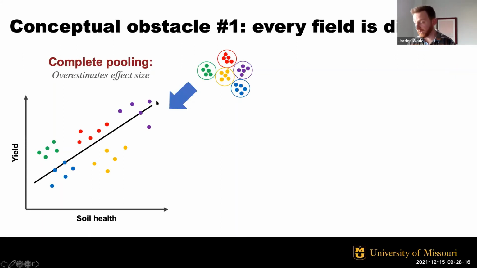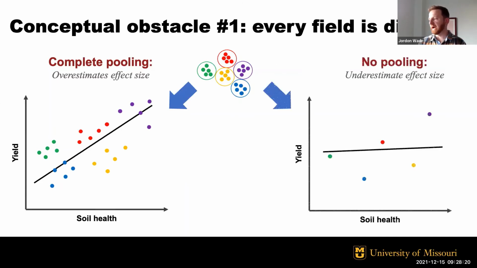Now, the other way that people kind of deal with this is they just average it across a site. So they don't account for variations within a site, and they just say, hey, on average, if this field is healthier, will I expect greater yield? And what this does is this underestimates the effect of soil health.